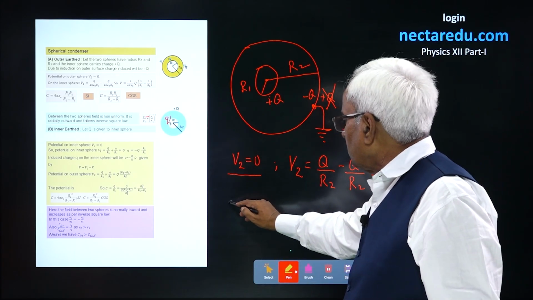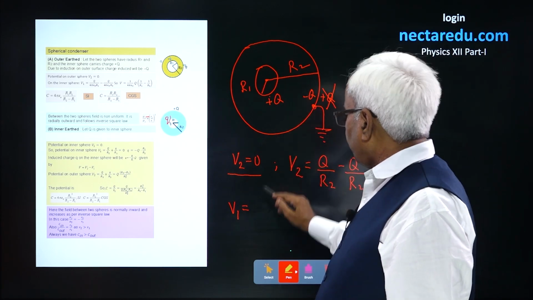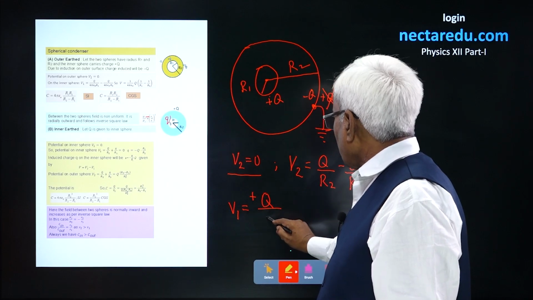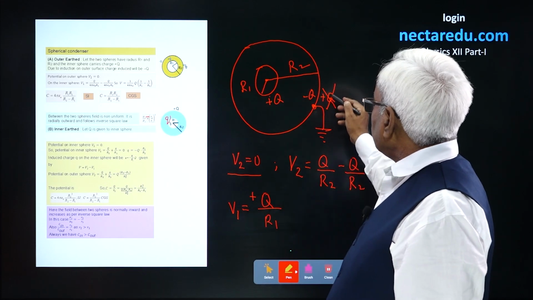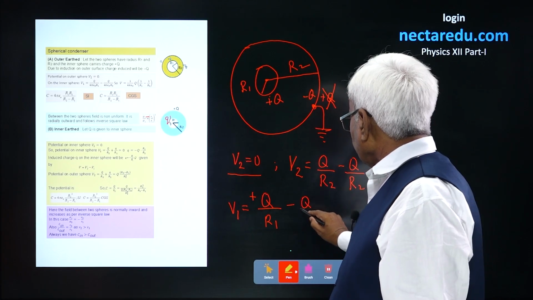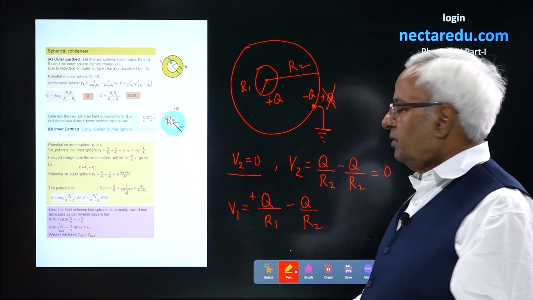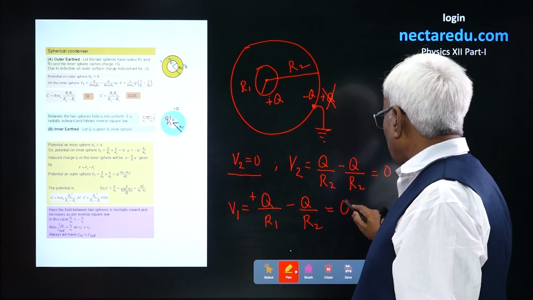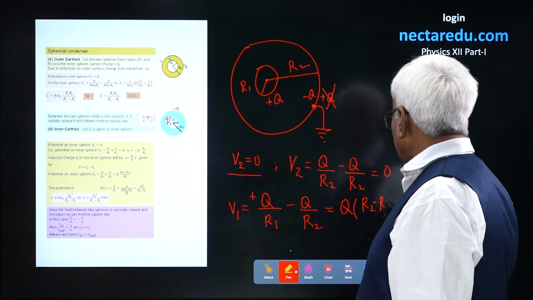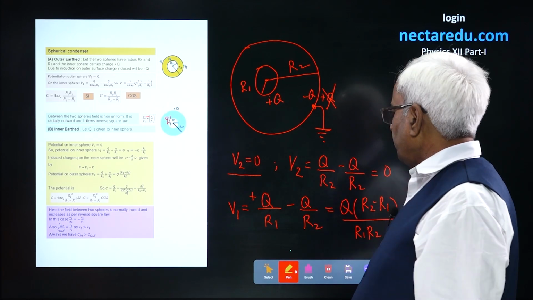Let's see the potential on the inner sphere. Because of the inner one, it will be plus q upon r1, and because of the outer one, it's going to be minus q upon r2. The net potential is q times, taking LCM, (r2 minus r1) upon r1 r2.